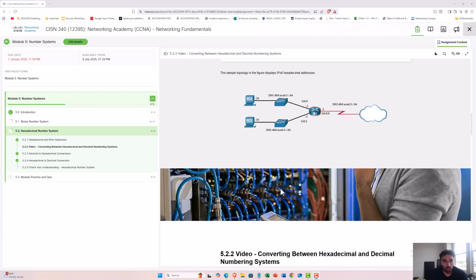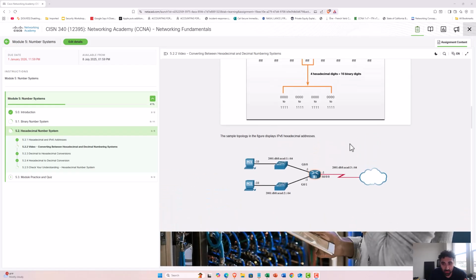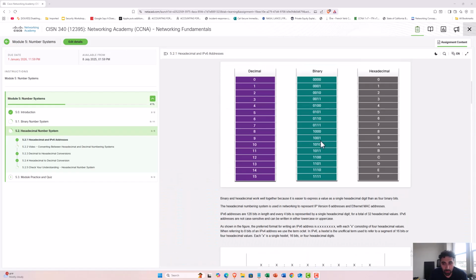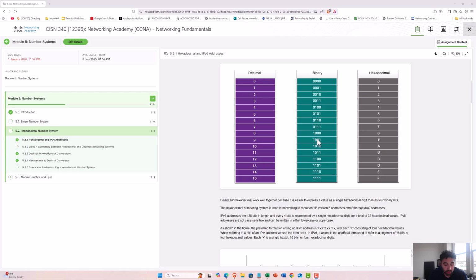Now, there are two reasons why we use hexadecimal. One, MAC addresses. But specifically from the network layer perspective, we use hexadecimal for IPv6. IPv4 uses binary, 32 bits. 32 bits only gives a limited number of IP addresses, because we take binary 0 or 1, base 2, and raise it to the 32nd power.